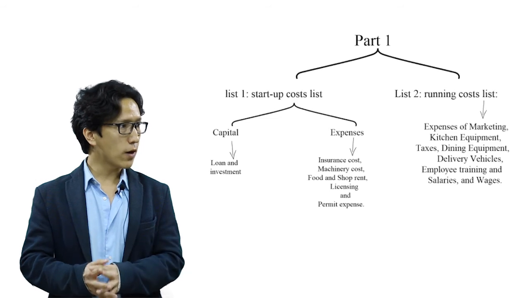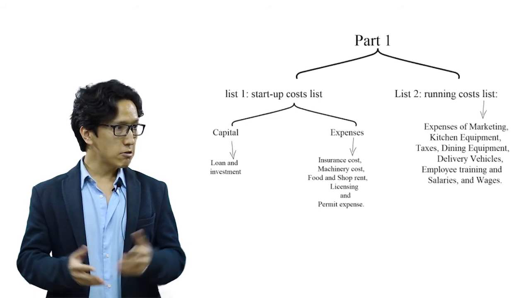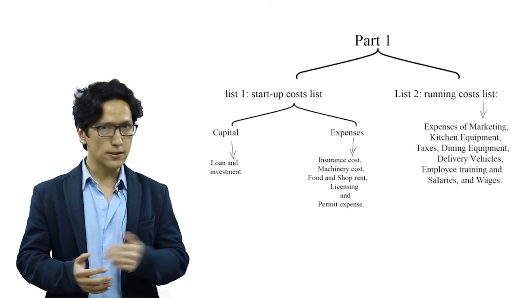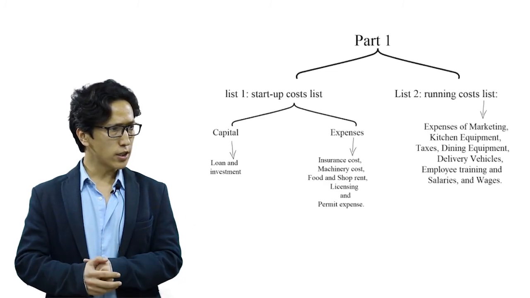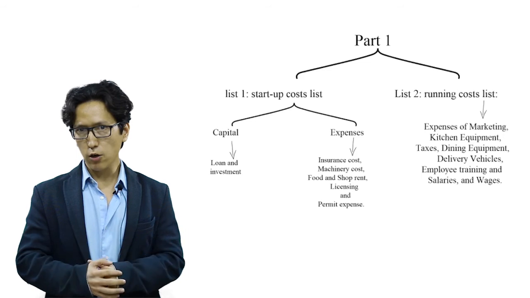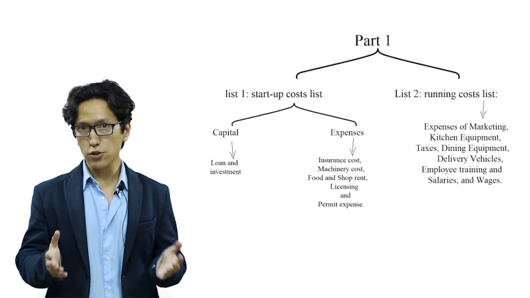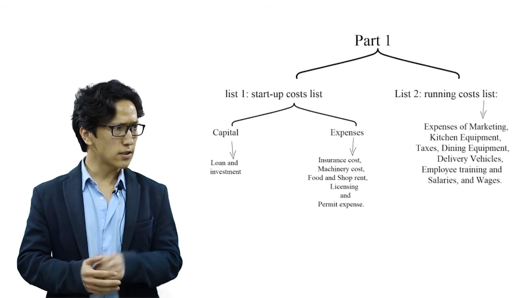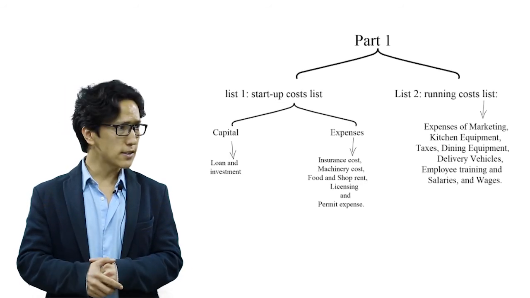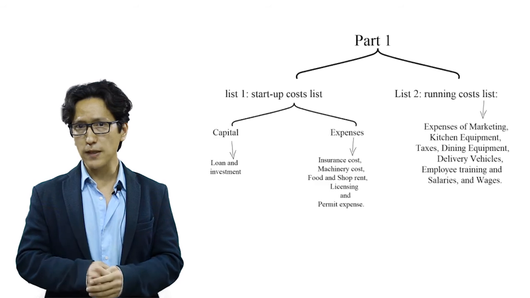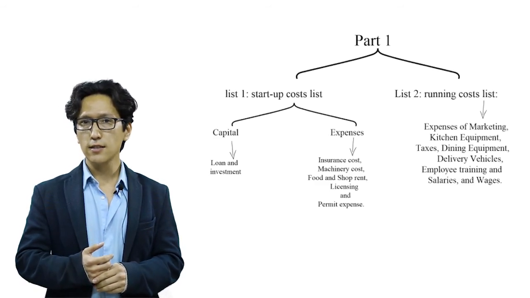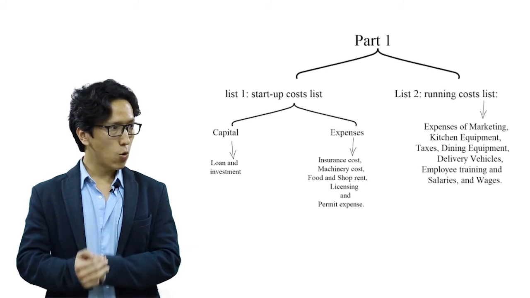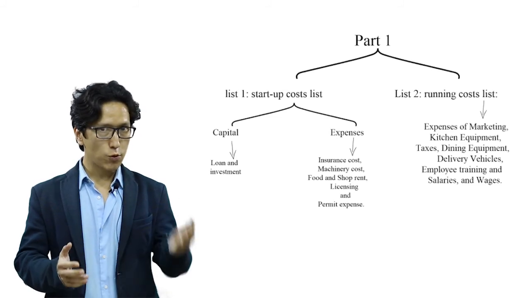Here, things that you might want to include would be, for example, the marketing cost, sales costs, expenses, your kitchen equipment, which is your requirement in order to manage a restaurant. Other things such as dining expenses, delivery, vehicle expenses, and other operating expenses such as salaries, staff expenses, and so on. So in part 1, once you've done that, we move on to part 2.